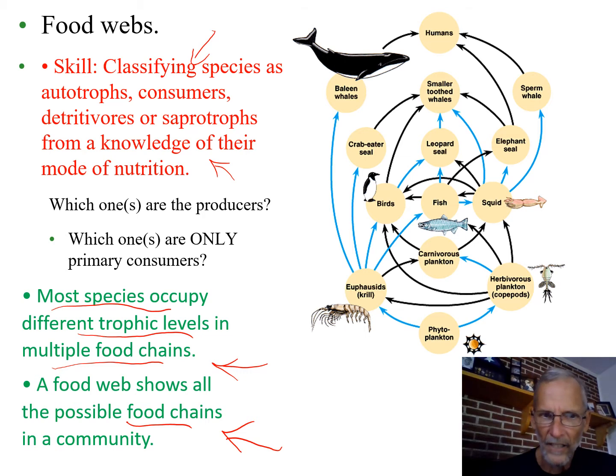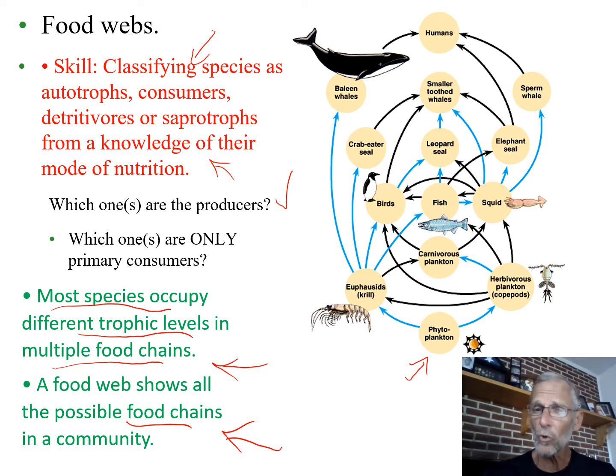So if you look at this, which one or ones are the producers? Well, you might typically look to the bottom here because they're called the bottom of the food chain, right? However, in a diagram, they don't have to be on the bottom. So if instead of actual names that you might recognize, or you might not in this case, phytoplankton means plant-like little creatures, that means they're producers, right? And a picture of them, like this is a shrimp, it's obviously not a plant. If they have like A, B, C, D here and ask you which are the producers, what are you looking for?